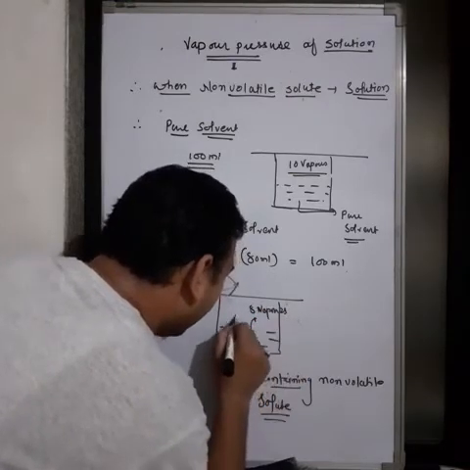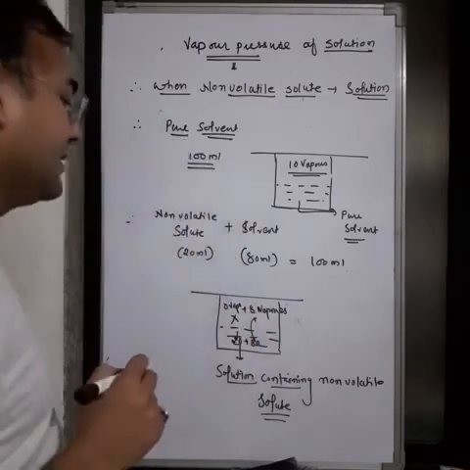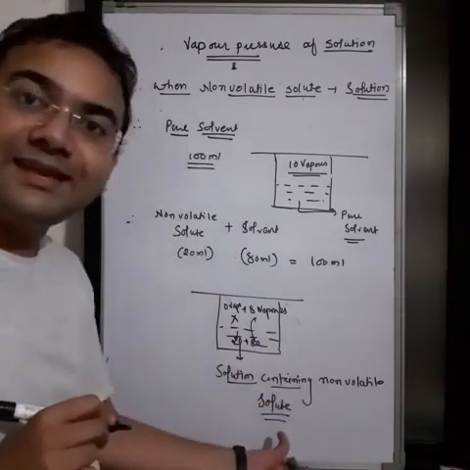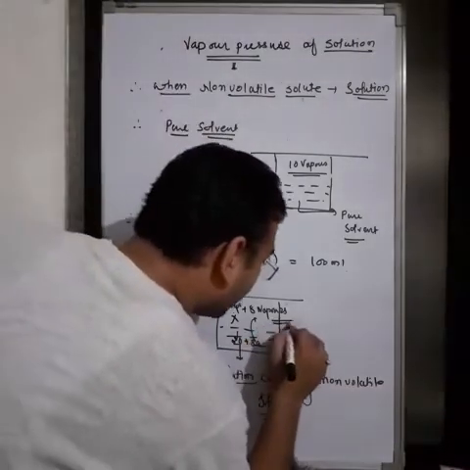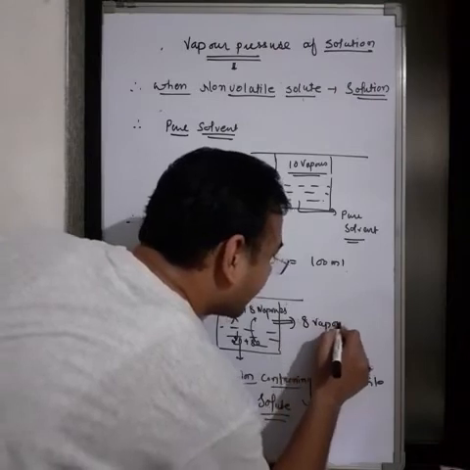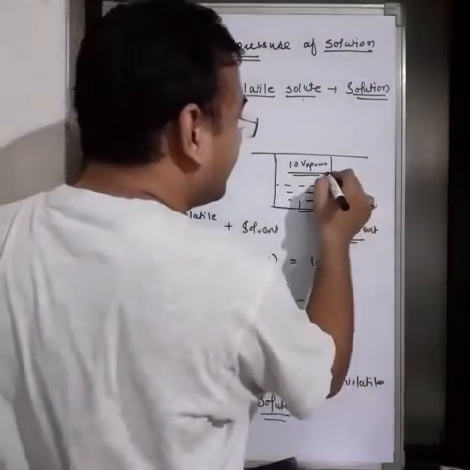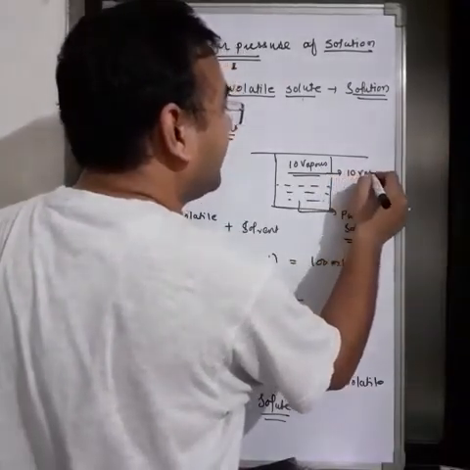But this 20 gives 0 vapor because it is non-volatile in nature. So total vapor pressure is due to 8 vapors. And here total vapor pressure is due to the 10 vapors.